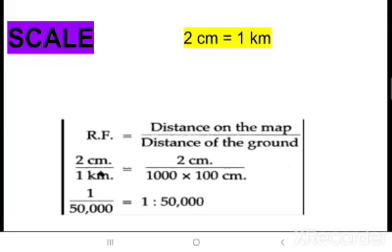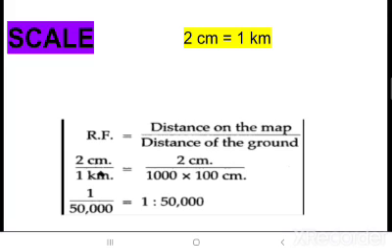That means 2 centimeters on your map is equivalent to a 1 kilometer distance on the ground. So 2 centimeters equals 1 kilometer. This is called a linear scale, just a line which you are mentioning.